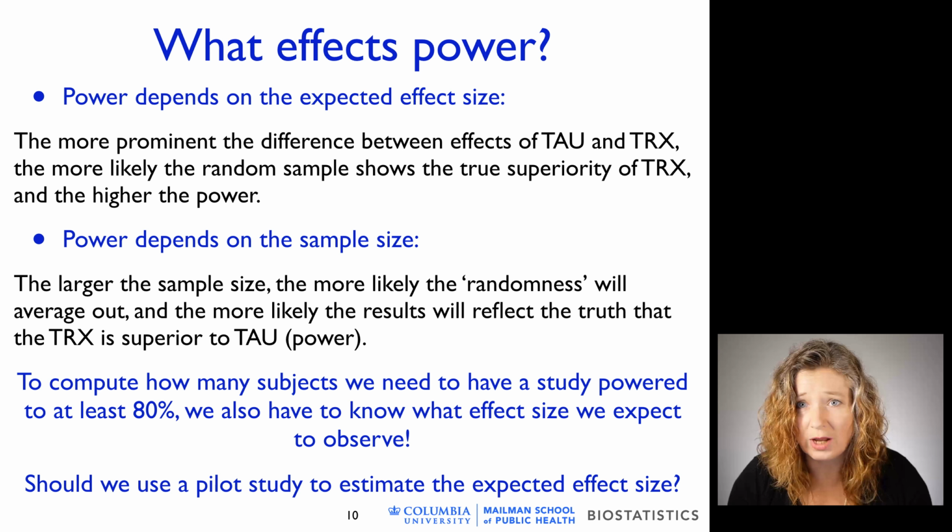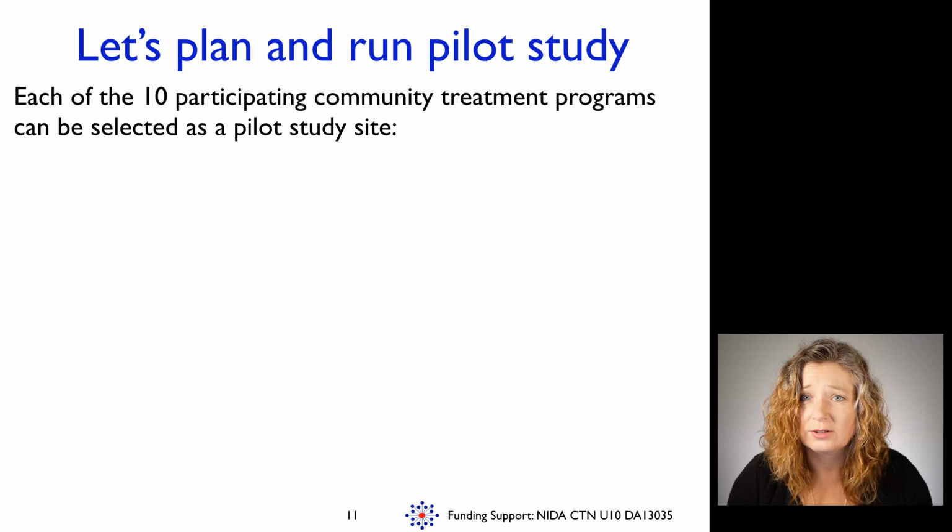How do we know what effect size we expect to observe? Many times people use a pilot study to estimate the expected effect size. Should we do that? If we could estimate the effect size from a pilot study, we probably wouldn't need a large R01 trial.